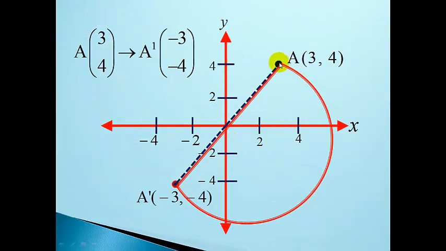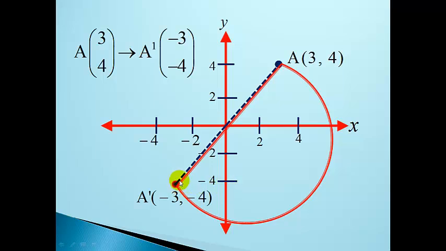So given A to be (3, 4), A prime, that is the image of A, gives us (minus 3, minus 4). That is, we negate both the x and the y. Now minus 3 is the x coordinate and minus 4 is the y coordinate. So we have minus 3 on the x axis and minus 4 on the y axis.